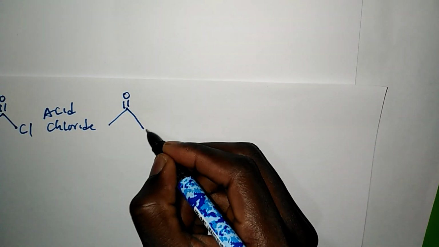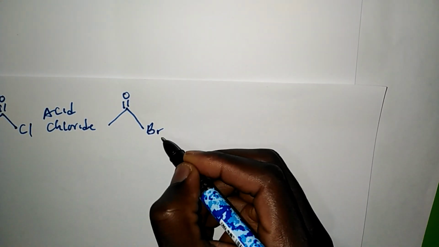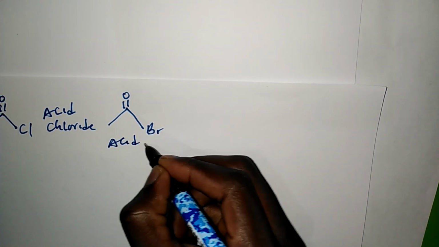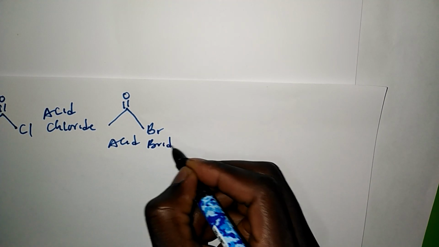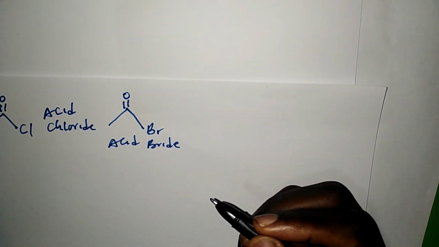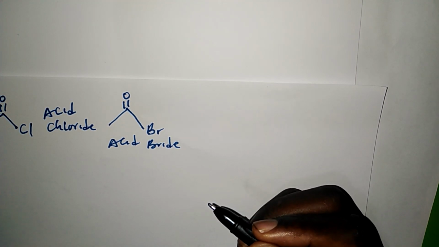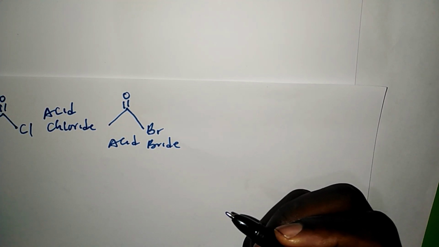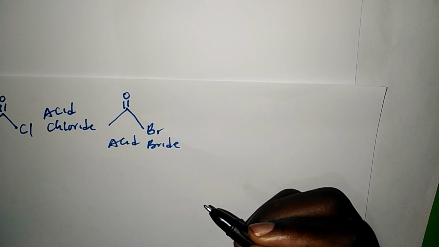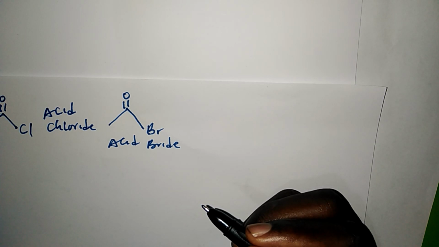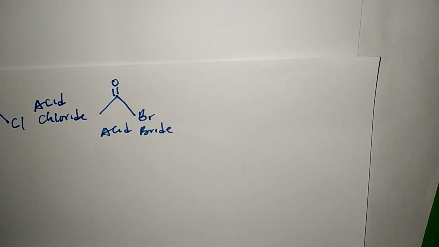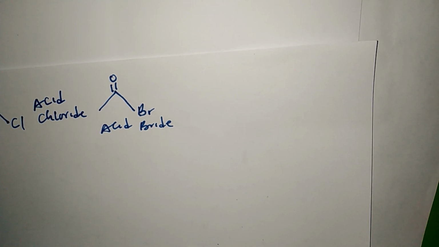So if it's attached to maybe another halogen, maybe bromine, you can call it an acid bromide, right? So it can be attached to a fluorine, an acid fluoride. It can attach to an iodine, an acid iodide, right? Iodide.